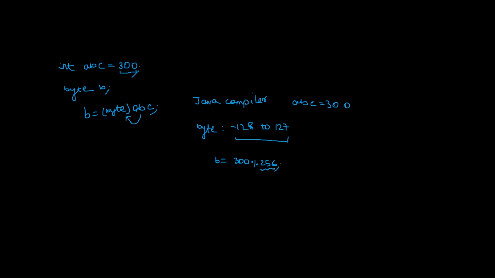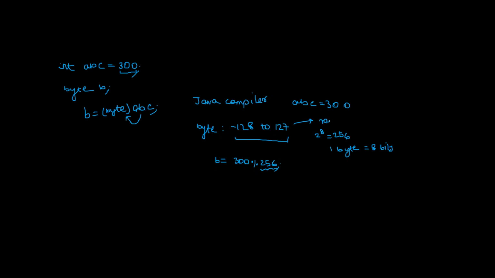Now, where does this 256 come from? This is the range of the byte data type. This is the size of the byte data type. 2 to the power 8 is equal to 256. 1 byte is 8 bits. Okay, and you can do it even this way.